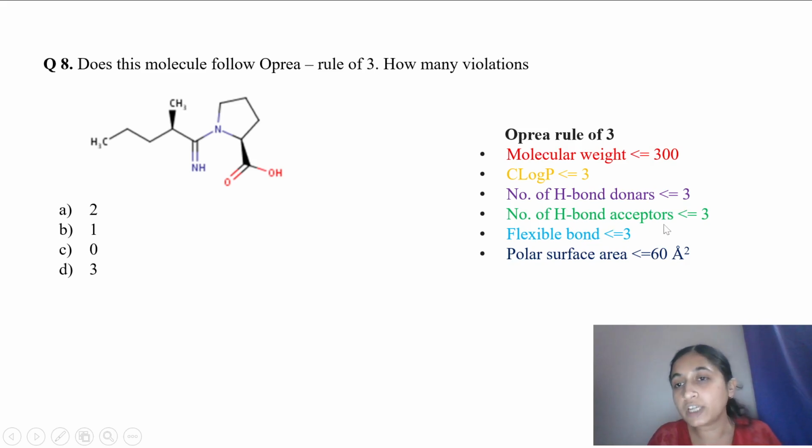Number of hydrogen bond acceptors also smaller than or equal to 3. Flexible bonds smaller than or equal to 3. And polar surface area smaller than or equal to 60 angstrom squared. So we will check how many violations this molecule has. So again, we will draw this molecule and check.